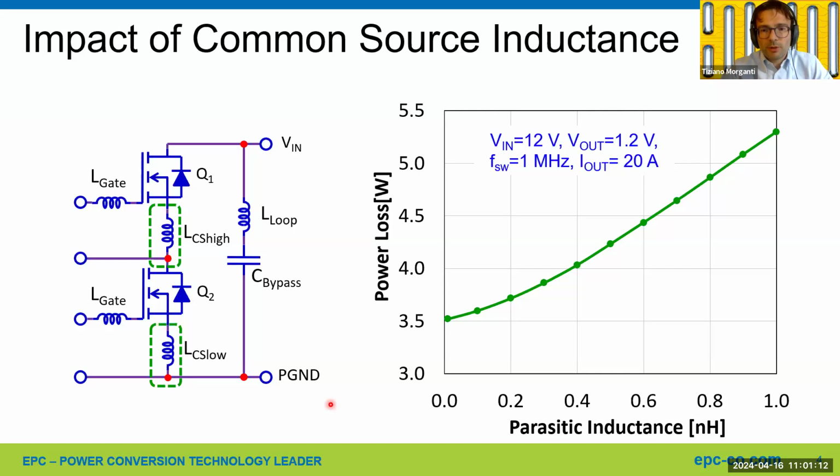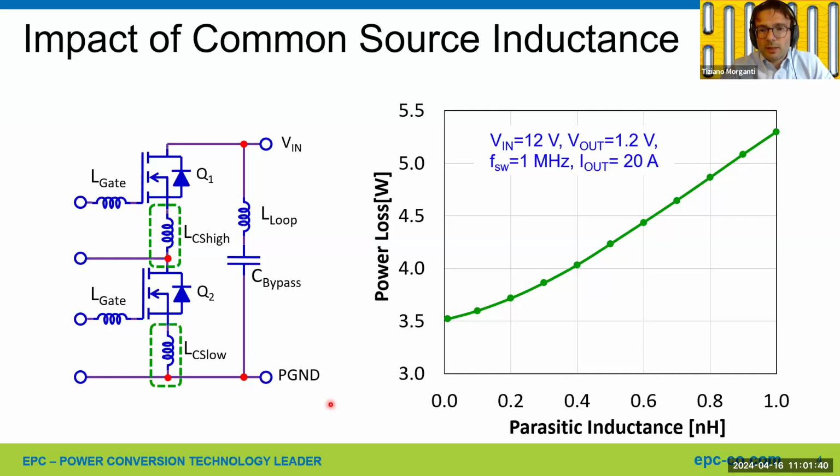And it is usually possible because gate drivers for GaN are very fast and they have very consistent propagation delays. And also the switching speed of our devices is very fast, so you can get the dead time down to 5 or 10 nanoseconds in some cases.